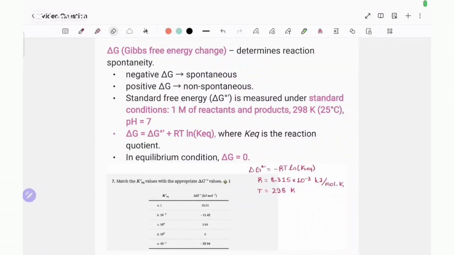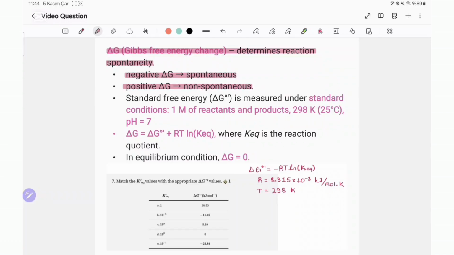In our question, we are asked to match the K equilibrium values with the appropriate delta G values. But before solving the question, let's look at some general information. Delta G, or Gibbs free energy change, determines the reaction spontaneity. If this energy is calculated as negative, the reaction is spontaneous, and if it is positive, the reaction is non-spontaneous.